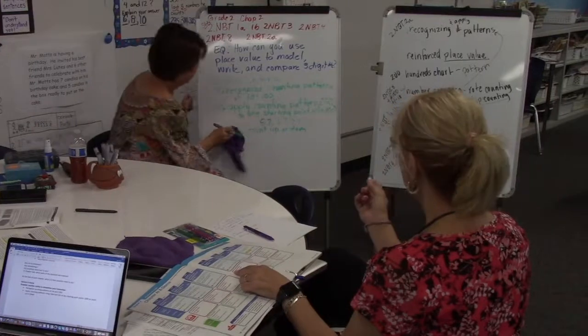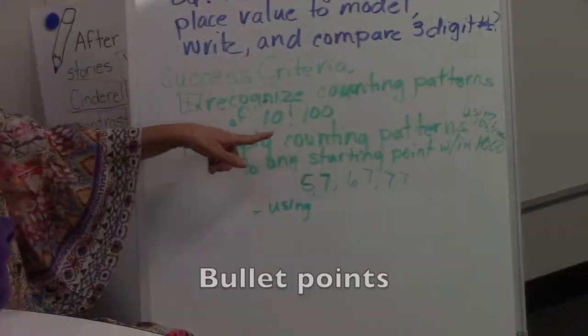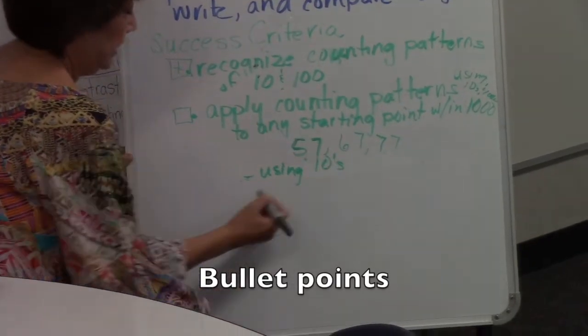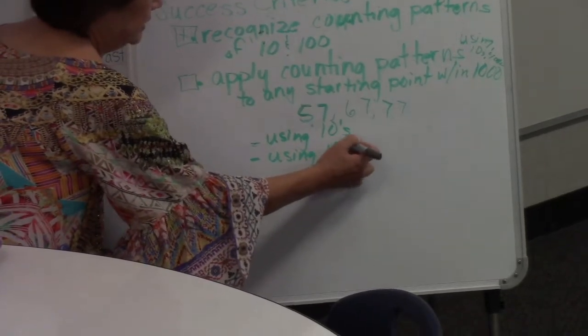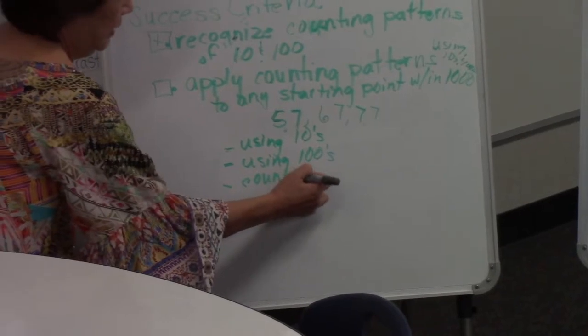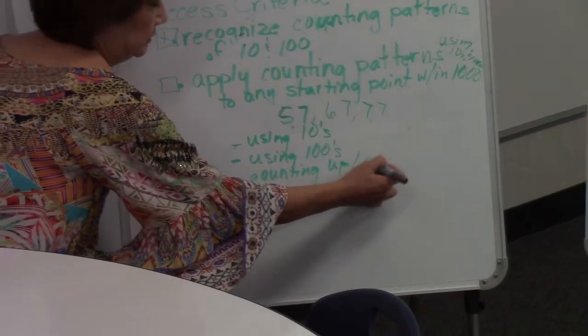I wonder what if it looked like this a little bit? Apply counting patterns using tens, and then this could be using hundreds, and then it's counting up or down. So these are like little bullets.